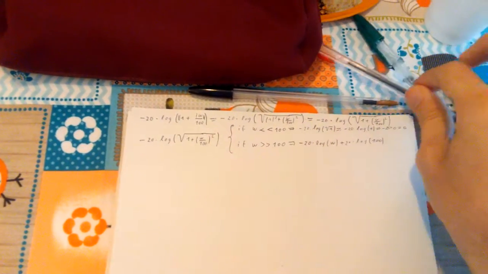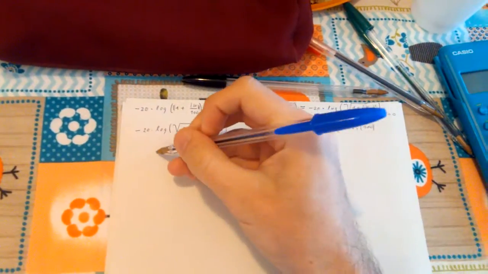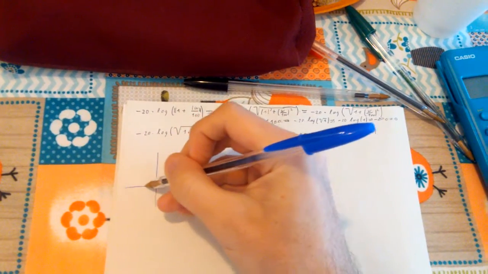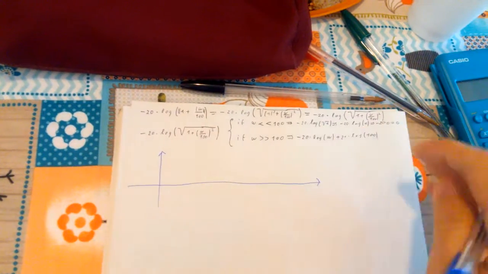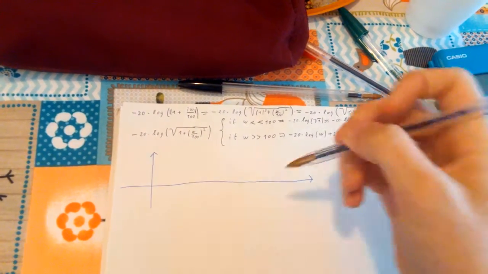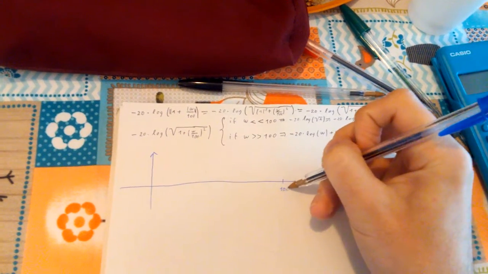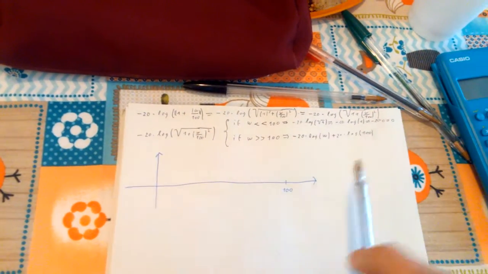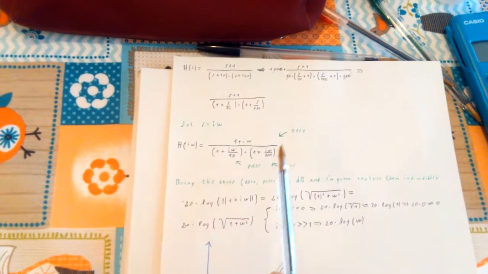So now we can plot this as well. And our Bode plot for this is, well, we had 1 approximately here, 10 approximately here, and just say that 100 is like here. And again, as I said, it's a pole.